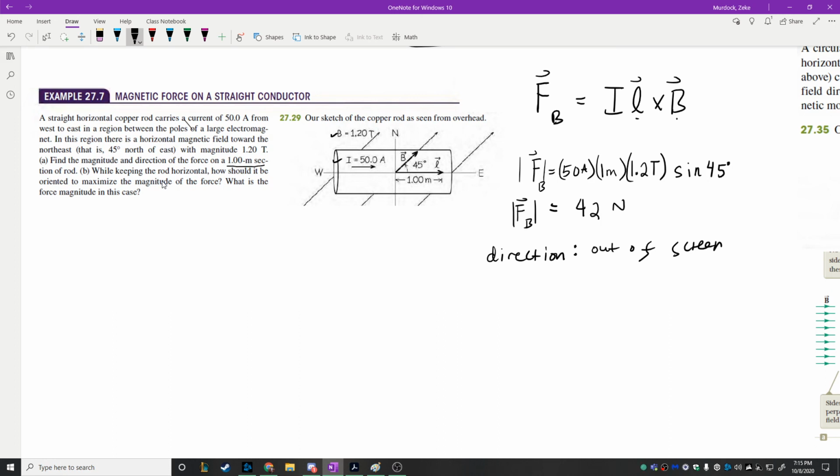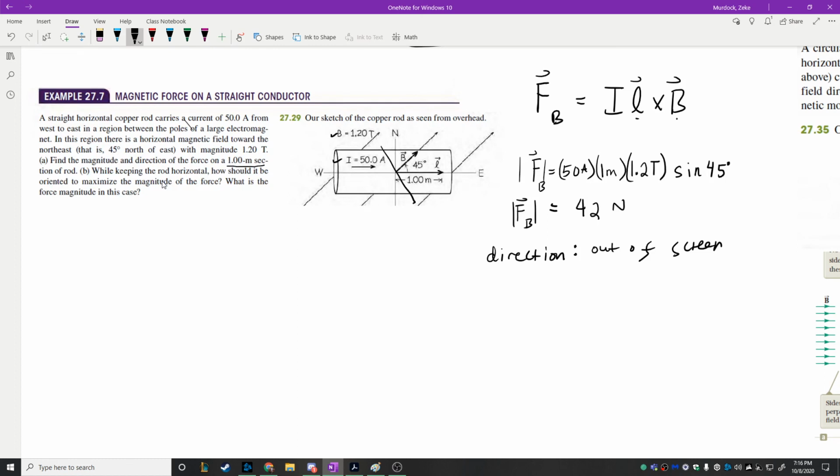Okay, so while keeping it horizontal, what exactly does that mean? How should it be oriented to maximize the magnitude? What do you guys think about that part? We want to make it 90 degrees, right? So we kind of want to orient it like that way.